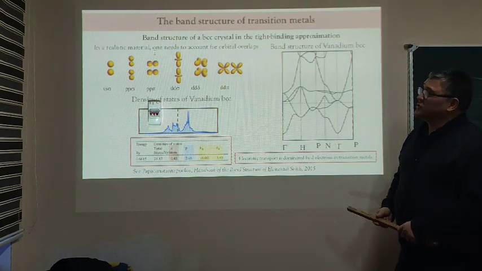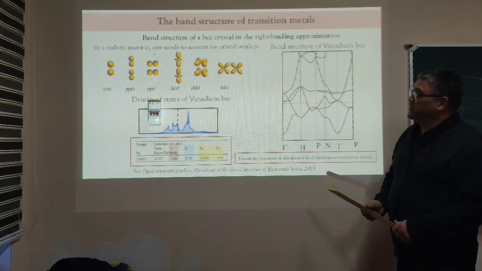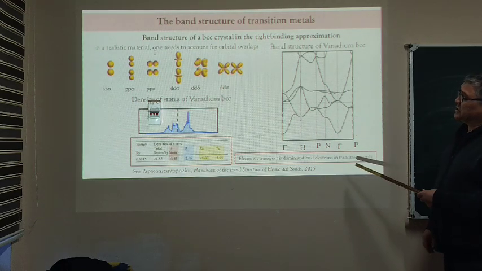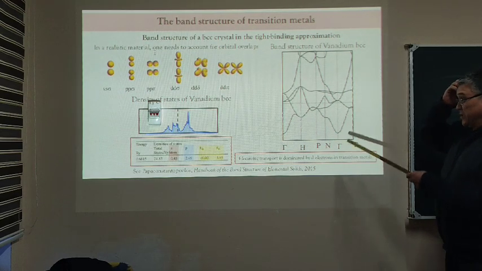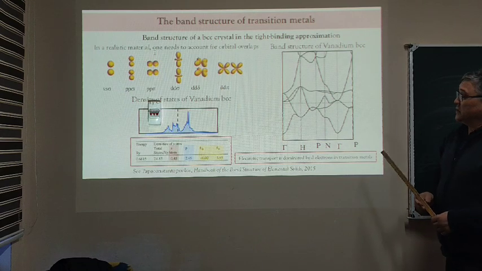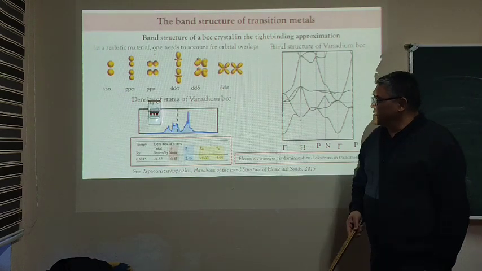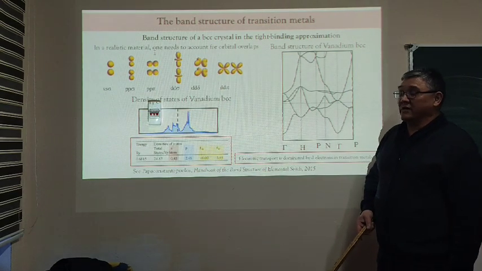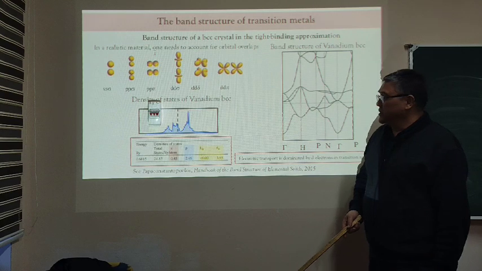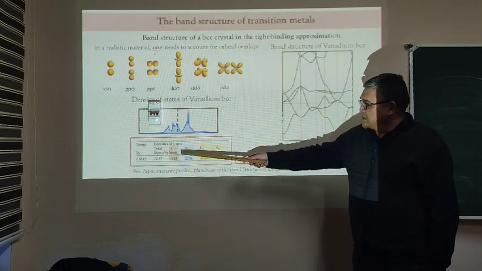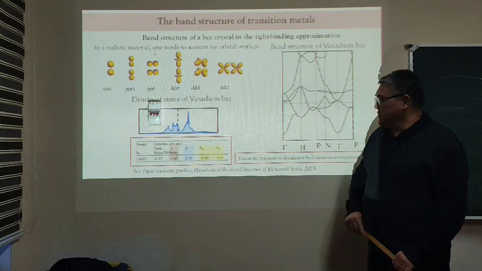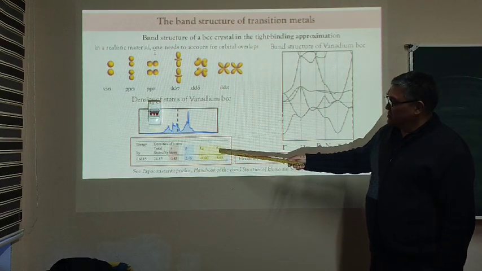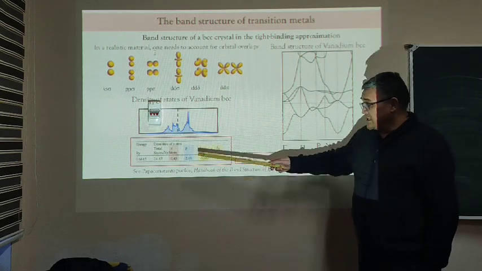Now, if we consider all these kinds of s, p, and d electron overlaps, we can find the energy dispersion, the band structure, and this band structure is very complicated. The density of states looks like this, and it also doesn't have a peak for half-filled d electrons. If we consider the density of states written for s, p, and d electrons separately, we find that the d electron contribution is very large compared to s and p electrons.